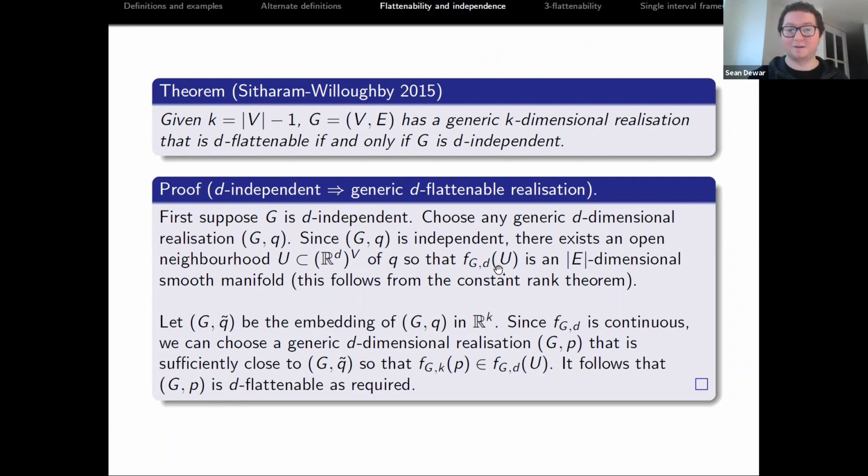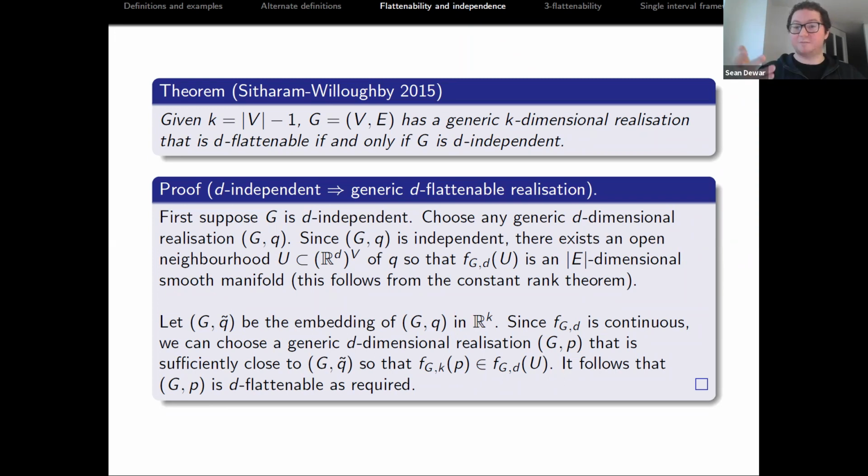What we're now going to say is that we can fit something in with this. Let GQ tilde be the embedding of GQ in RK. All we've done is take our d-dimensional framework and consider it as lying in RK.